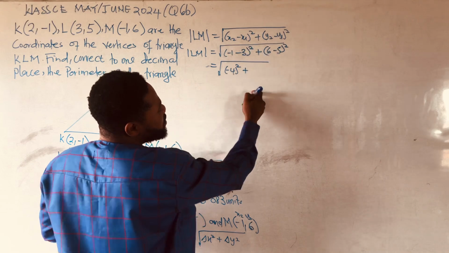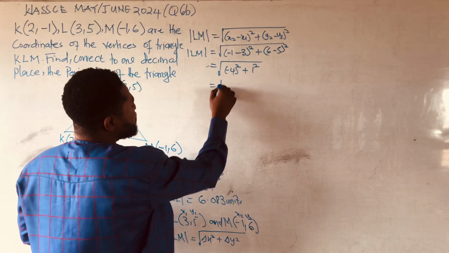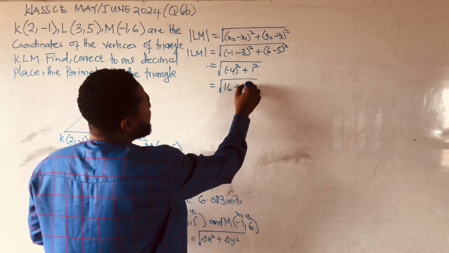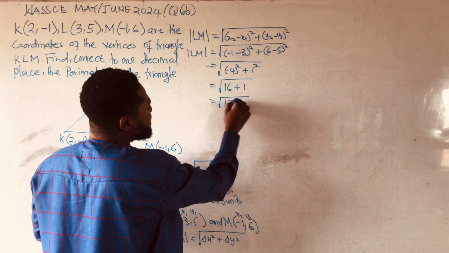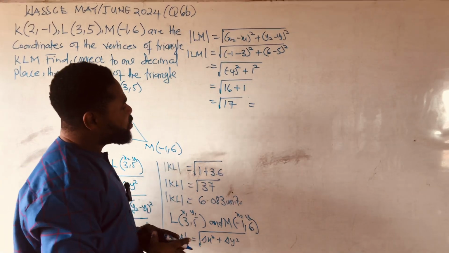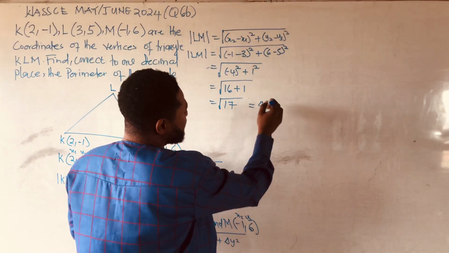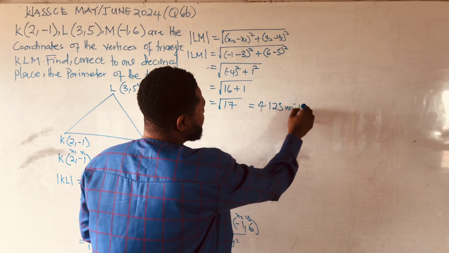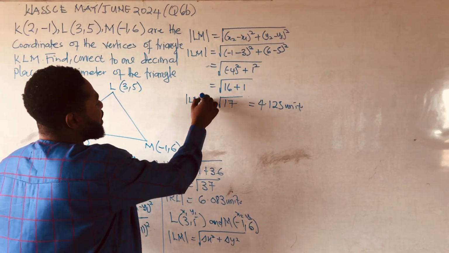When you subtract 6 minus 5, you get 1, so 1 squared. So -4 squared gives us 16, plus 1. We are going to get the square root of 17, and we can leave it again in three decimal places. That is 4.123 units. So this is our LM.